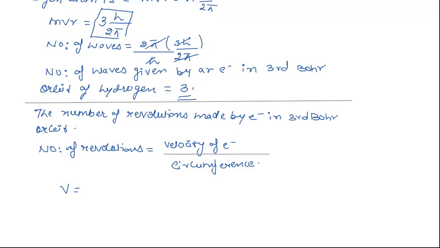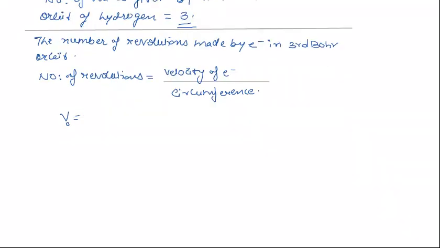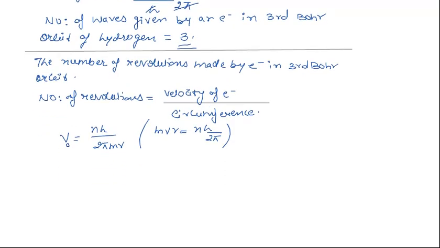So velocity is equal to nh upon 2 pi mr. Where have we deduced this from? mvr is equal to nh upon 2 pi, that is the Bohr orbit, right? Now we need to find out the radius of third Bohr orbit.